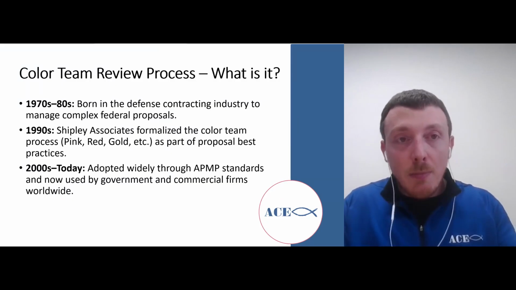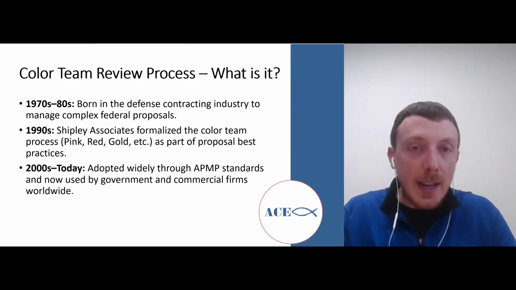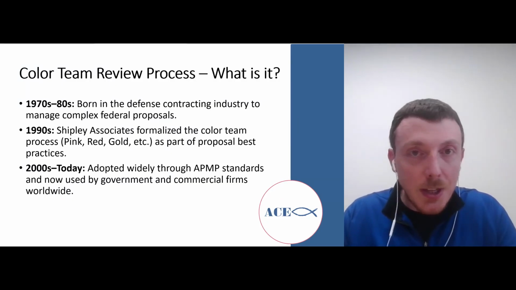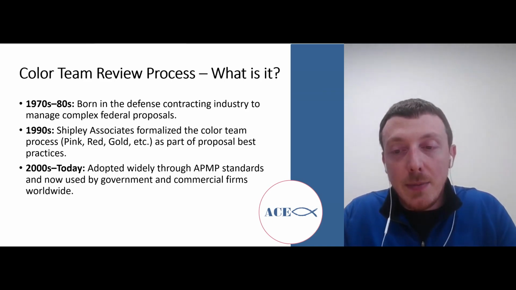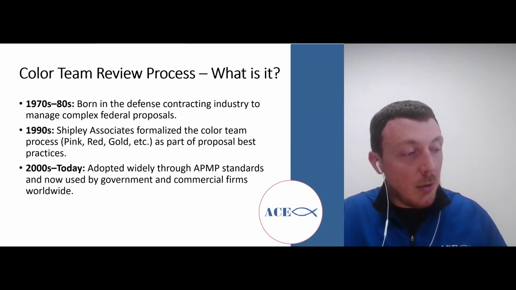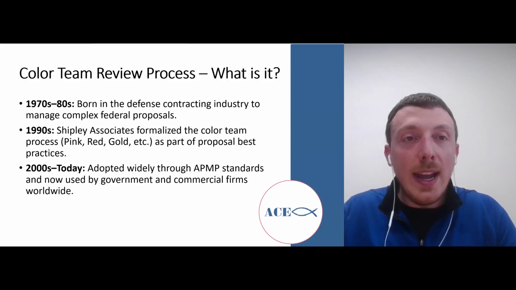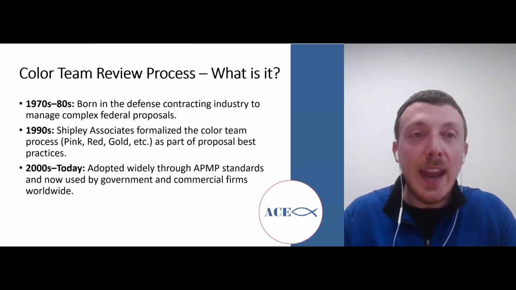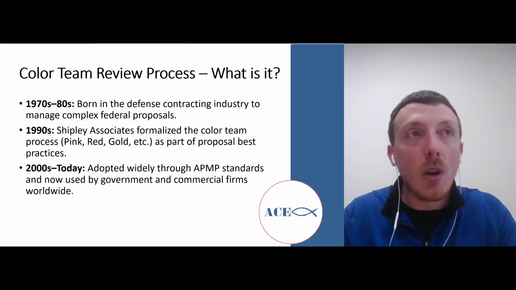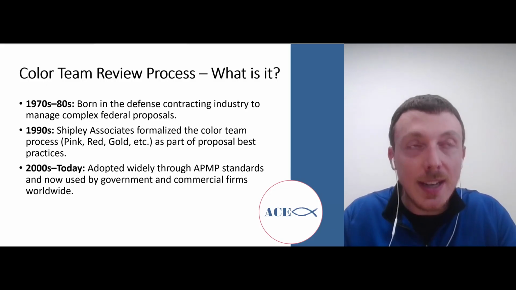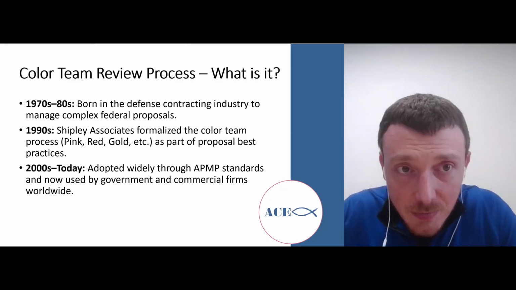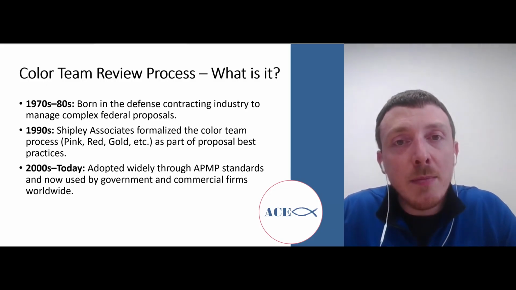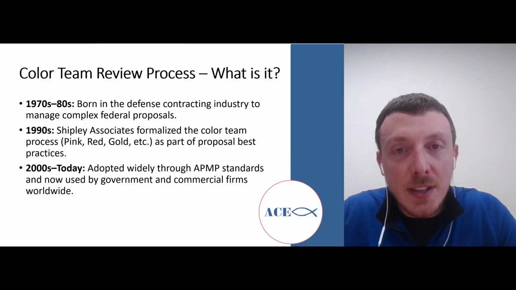If you haven't heard of them before, what we rely on here at ACE is called the color team review process. We're going to go through a little bit of it here. This is a way for you to work through each solicitation in different phases. So what is it? The color team process was really born out of the Defense Department, right?